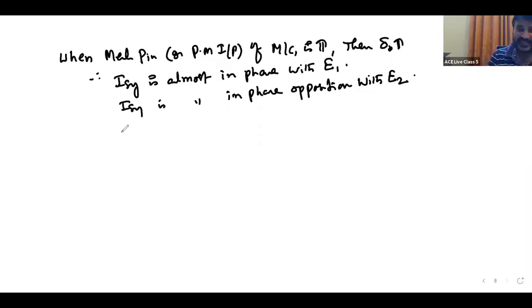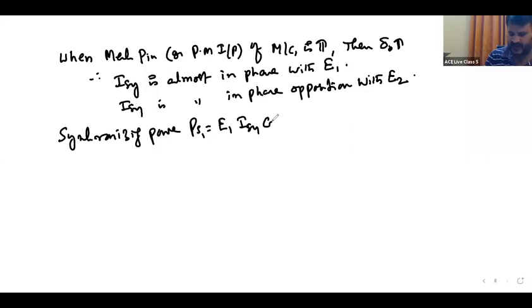And the synchronizing power PSY for the first machine is equal to what? E1 into ISY cos 0, nearly 0, na? That is equal to E1 into ISY.